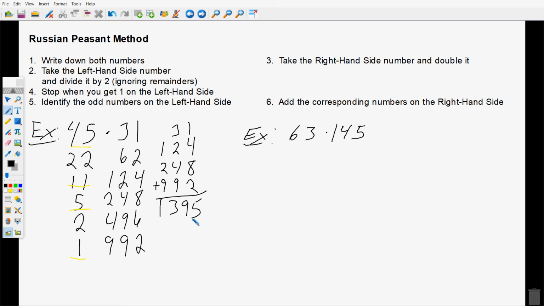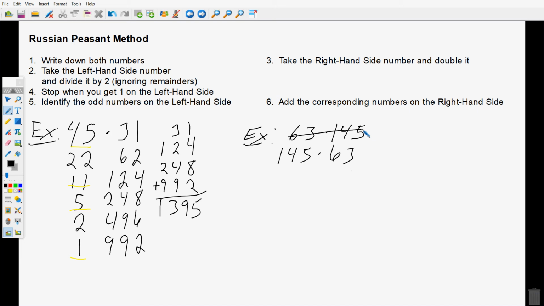Now over here on the second example, I have 63 times 145. And as I said just not long ago, I can leave it like it is, that's fine. Or I could switch the location of these 2 numbers. And I will do that. Now I will take the left-hand side and divide it by 2, ignoring remainders.